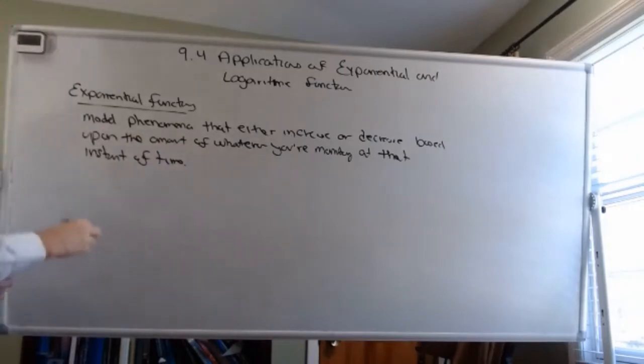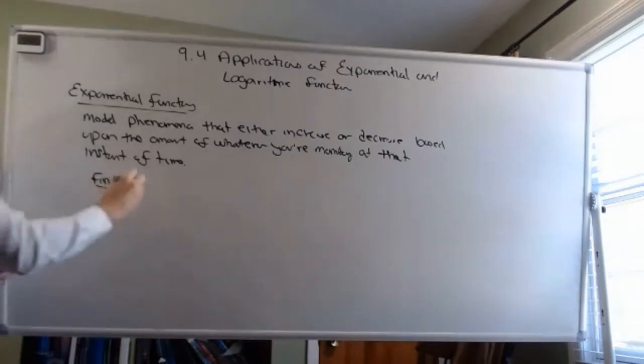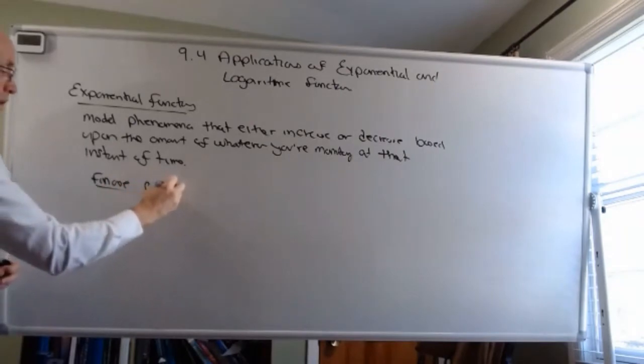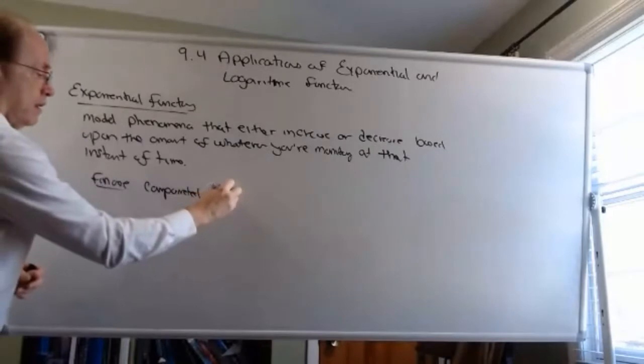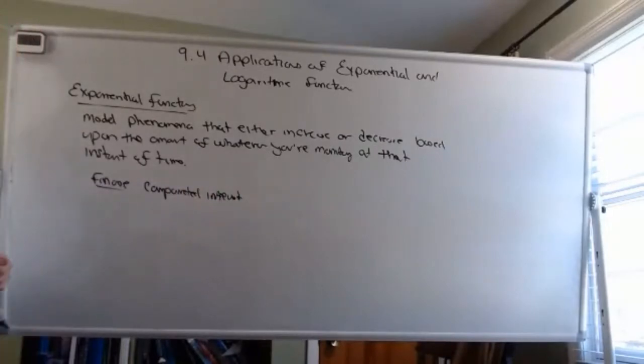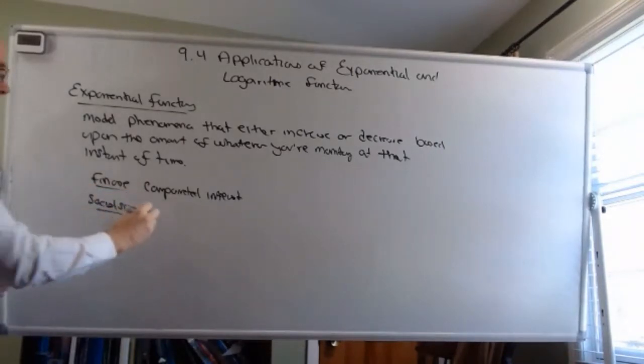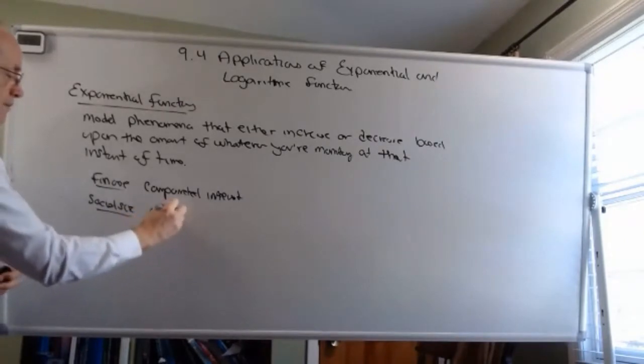Now, one such thing we can do, if you look in the world of, say, finance, we can look at your compounded interest. How much is there? Now, if you look at it in the social sciences, we're looking at things such as population growth.